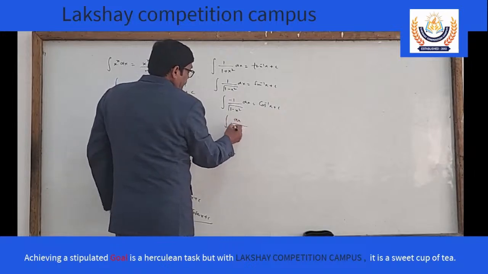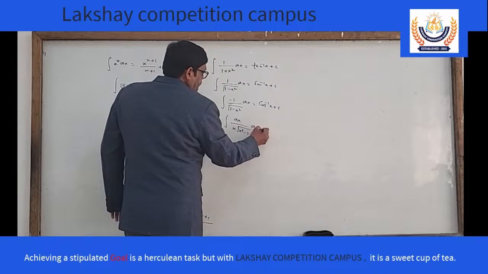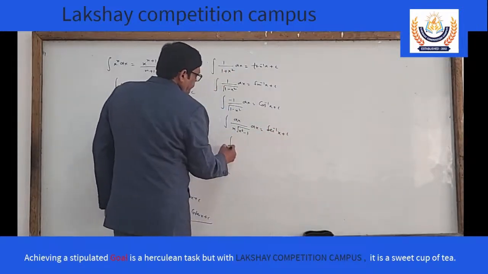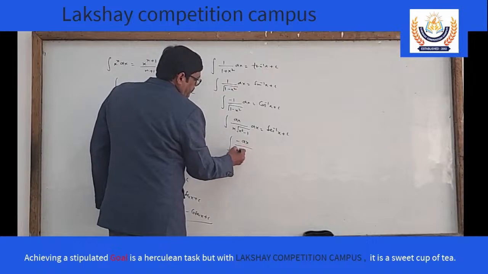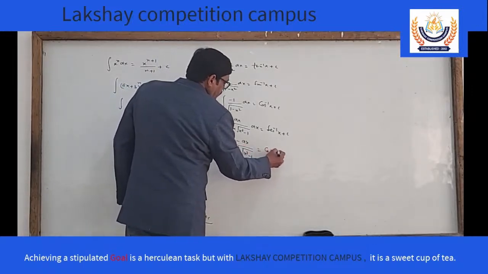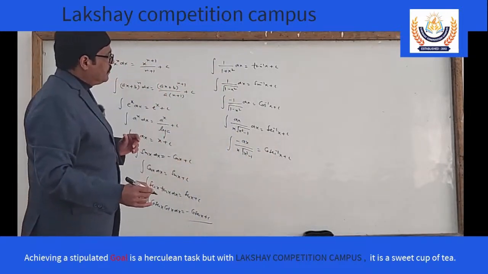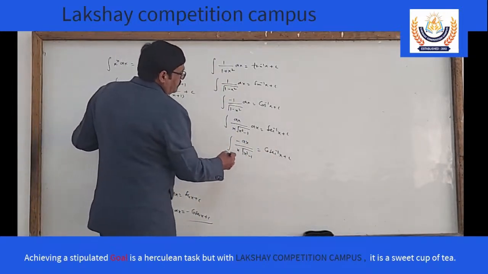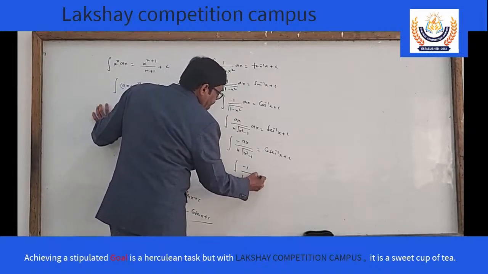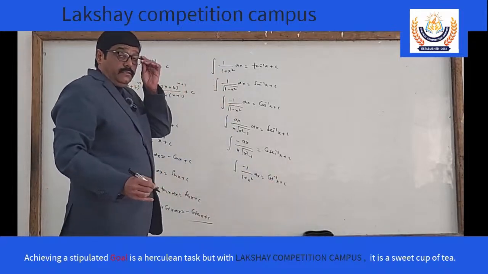Integration of dx upon x root of x square minus 1 is secant inverse x. Minus dx upon x root of x square minus 1 is cosecant inverse x. Minus 1 upon 1 plus x square is cot inverse x. Clear?